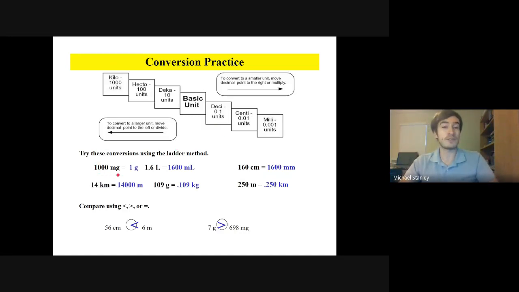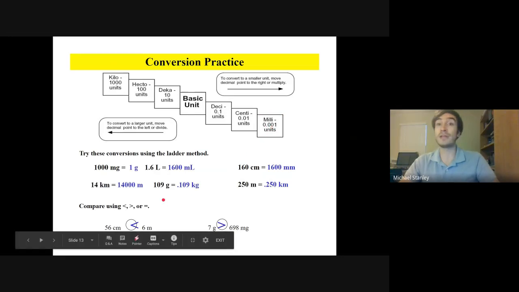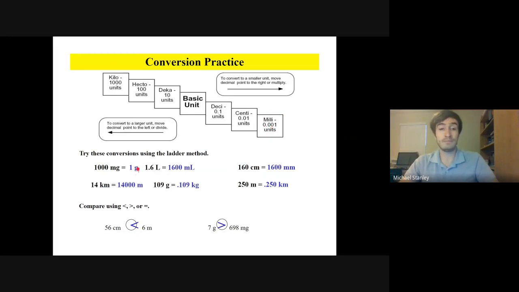So if we have 1,000 milligrams, and this is saying that that is equal to 1 gram, let's see if that is correct. Our starting unit is milligram, which is milli over here. And our ending unit is gram, which is one of our basic units right here.